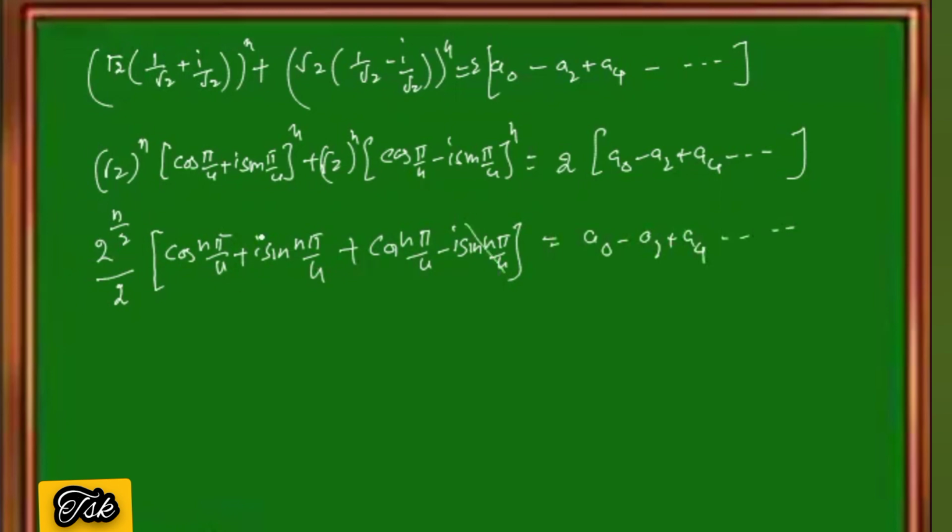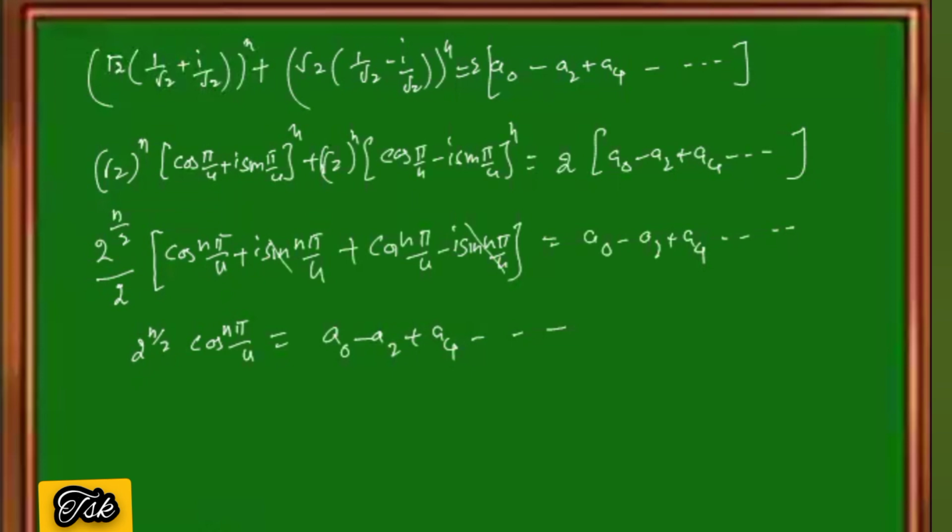So these two get cancelled. Remaining is 2 to the power of n by 2 cos n pi by 4 is equal to a0 minus a2 plus a4 minus so on, since 2 gets cancelled with the 2 cos n pi by 4.